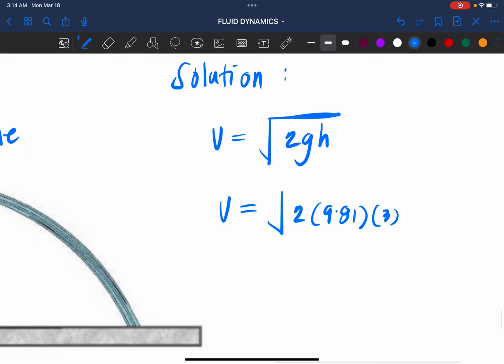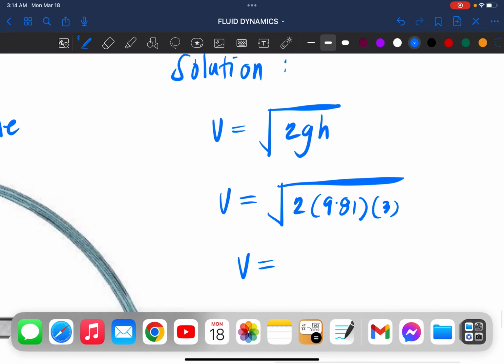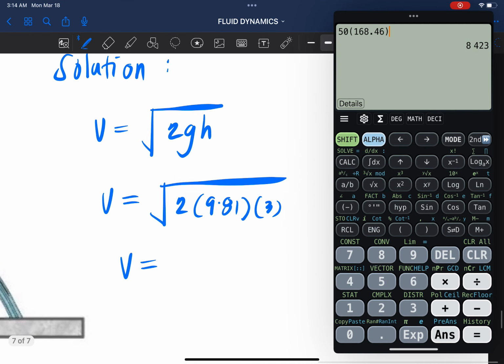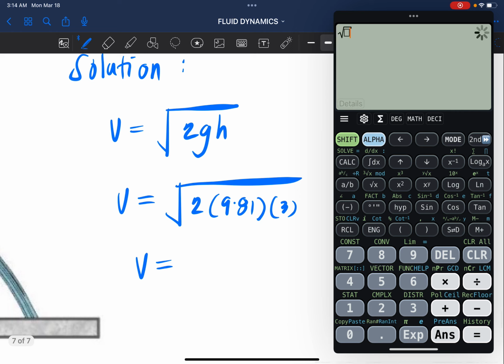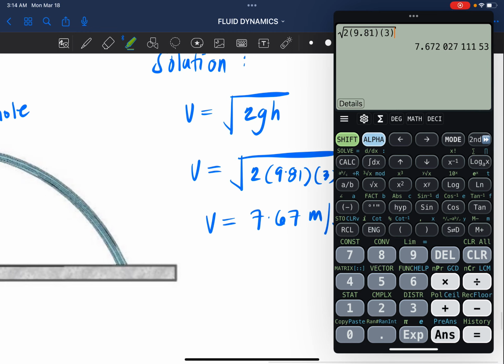So, 3. So, therefore, V is equal to square root ng 2 times 9.81 times 3. So, this is 7.67. 7.67 meters per second. So, ayan.